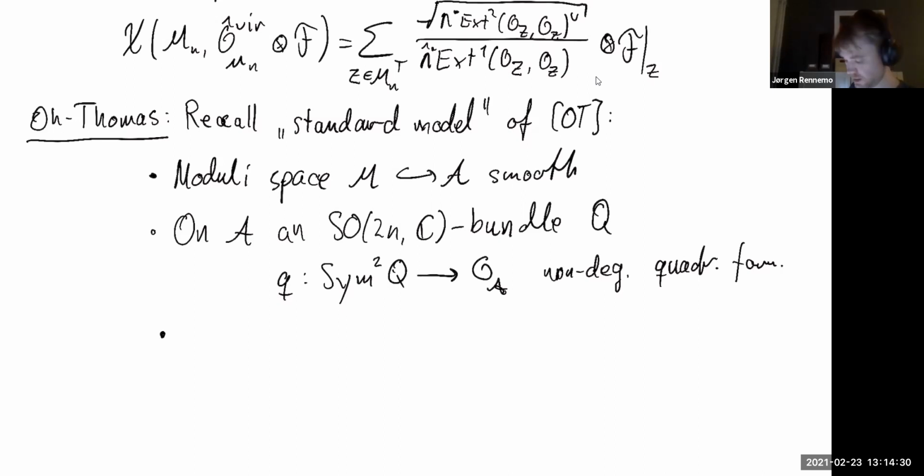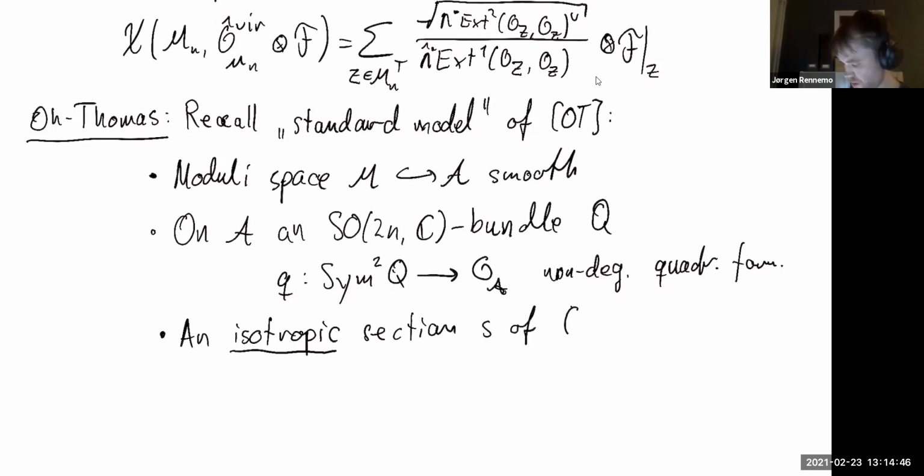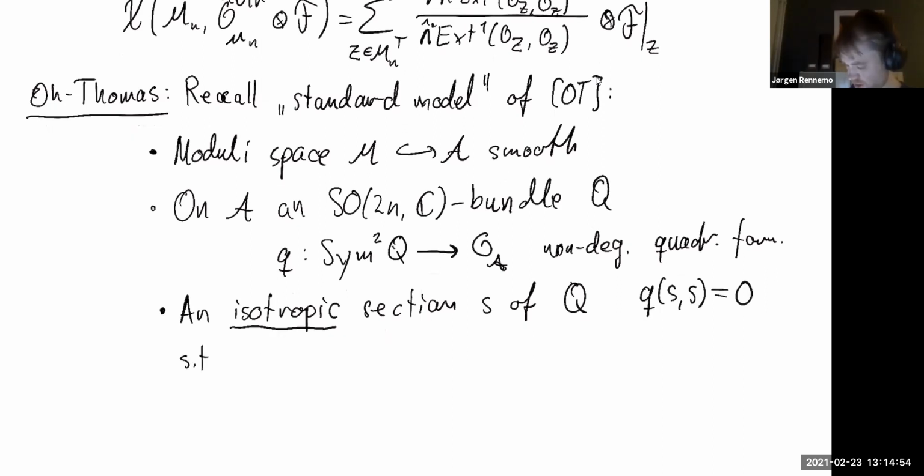Right, and then you also have an isotropic section of Q, something for which this thing is identically 0, which is what defines M, such that M is the vanishing locus of S.